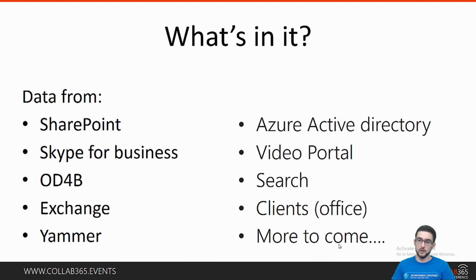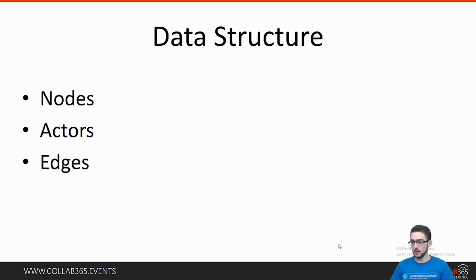Again, what you will find in it is data from SharePoint, Skype for Business, OneDrive for Business, Exchange, Yammer, the video portal, the search, the Office clients, and Azure Active Directory, and even more things as all the different Microsoft teams start pushing more and more data into it, and as third-party vendors are able to push more data into it.